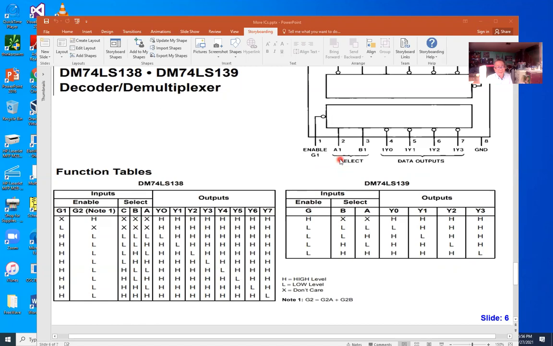This one is separate, you can use A1, B1 to control 4, and another A2, B2 to control 4 separately. They combine, but they're working identically. Output only 1 low.